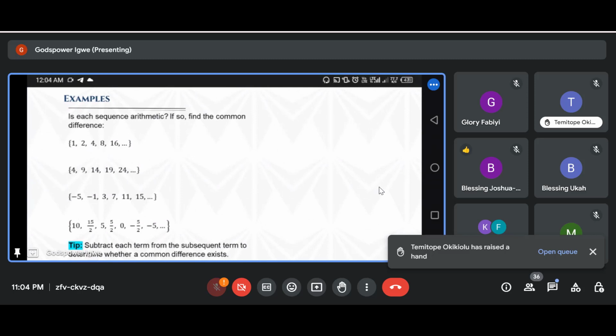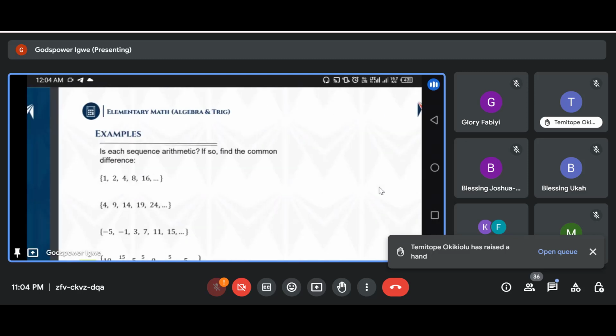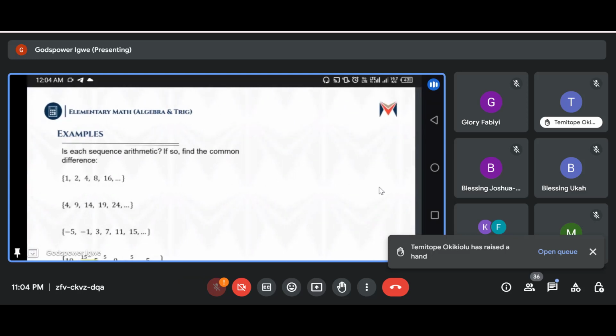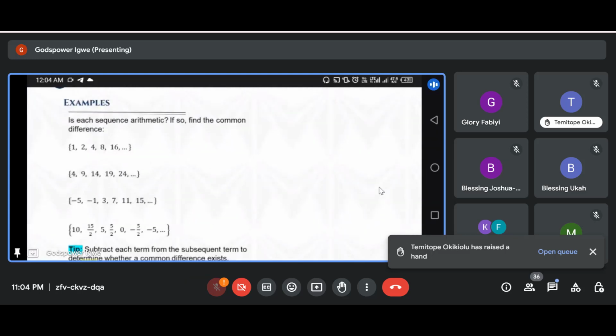Subtract each term from the subsequent term to determine whether there is a common difference. This other one does not have a common difference. The first one does not have a common difference.